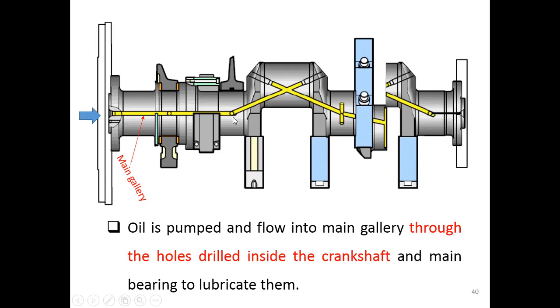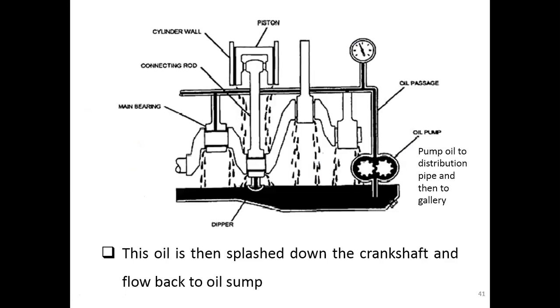Okay, so this is the feature of the force feed system here. Then the oil that flows inside the gallery will flow out later on and splash out from the crankshaft. After it flows in the crankshaft to do the lubrication, it will splash out from the crankshaft and back to the oil sump.